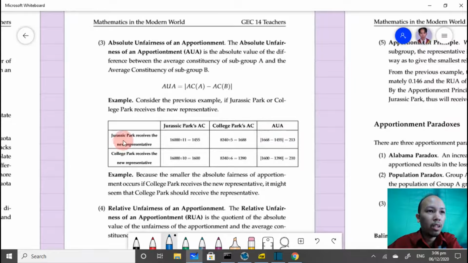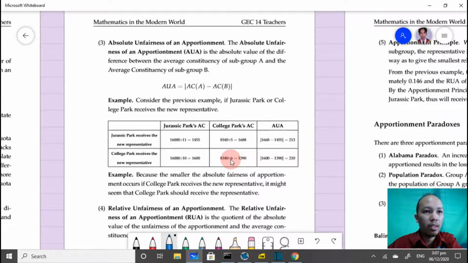On the left we have the park that receives the new representative. Before we have 10, so plus 1 we have 11. This one remains 1,600 divided by 10, and this one is 8,340 divided by 5.